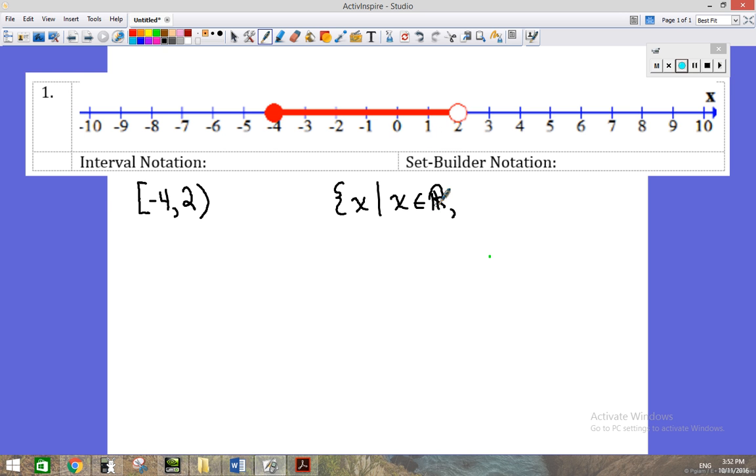This is always going to be there. Now, in your inequalities, you do not have positive or negative infinity. We can write this as a compound inequality. We have negative 4 is less than or equal to x, which is strictly less than 2, and we close it with a brace. So there's our answer for part 1.